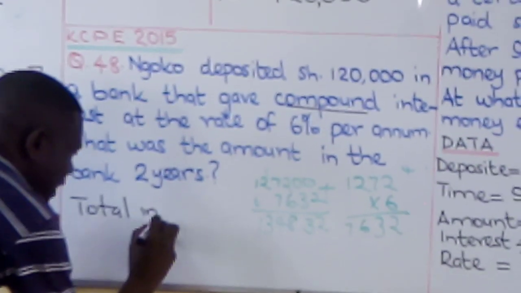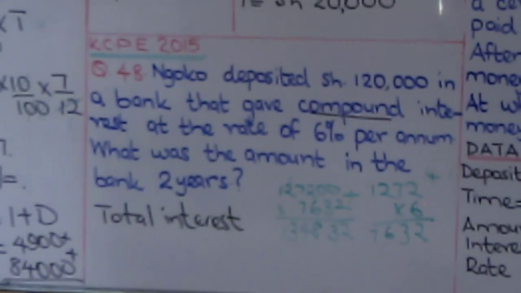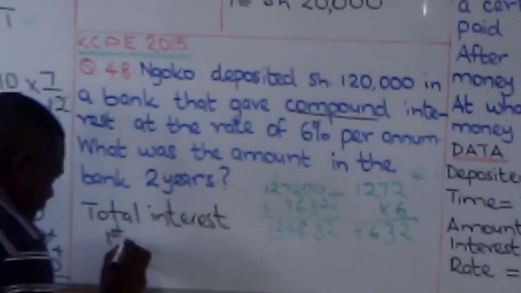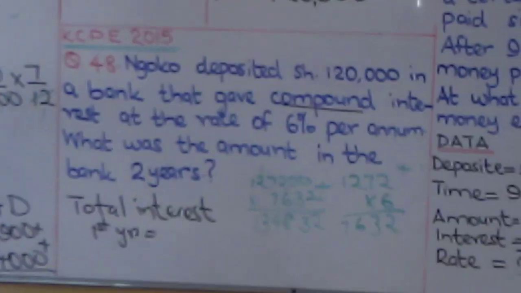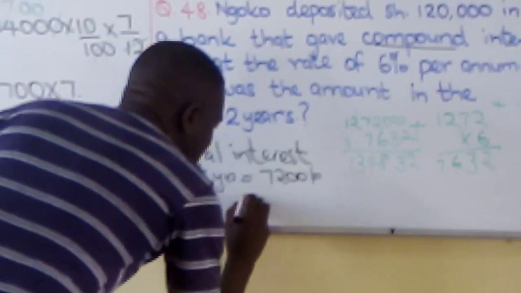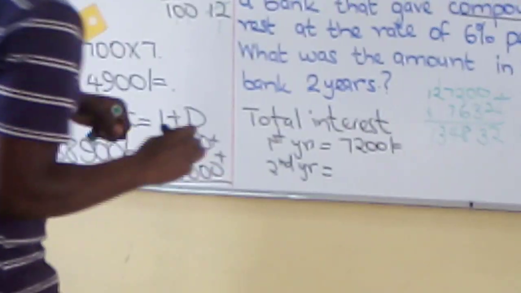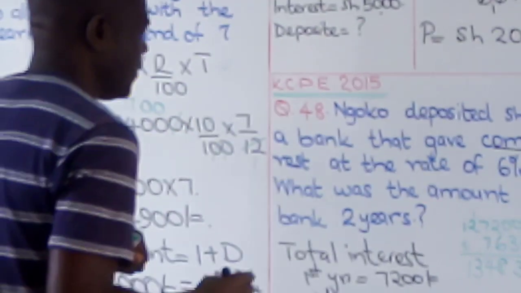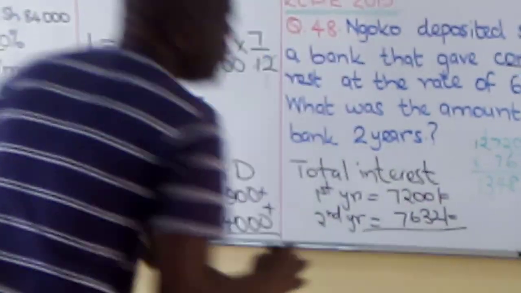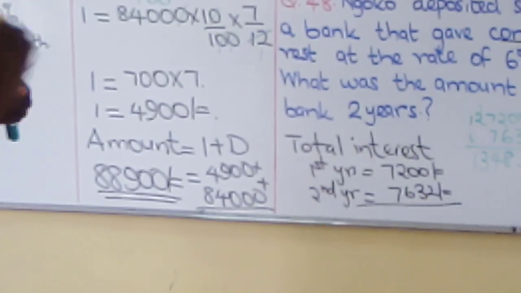Total interest after 2 years. That means you will take the interest of the first year, which is 7,200, plus the interest of the second year, which is 7,632, and then you add them, because for total interest you take the two interests and add them.